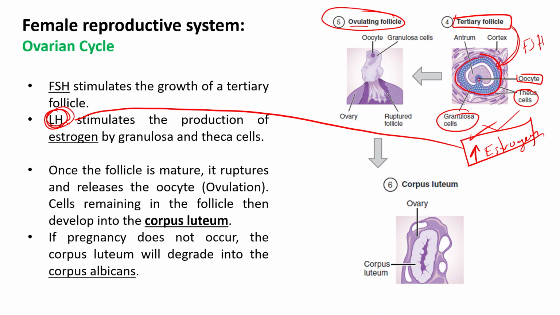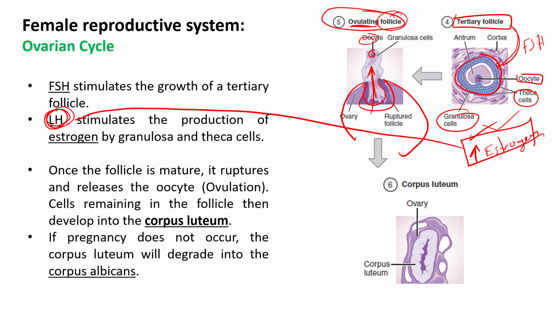Ovulation is basically when the follicle releases the egg. So if this is the ovary, this is what we know as the follicle, and this release of the egg, the oocyte, is what we call ovulation.